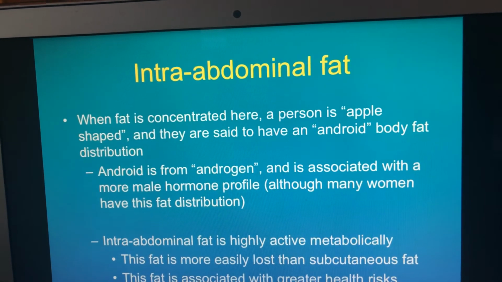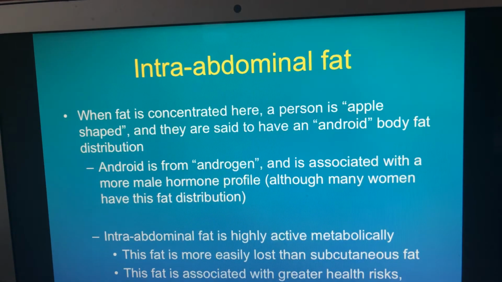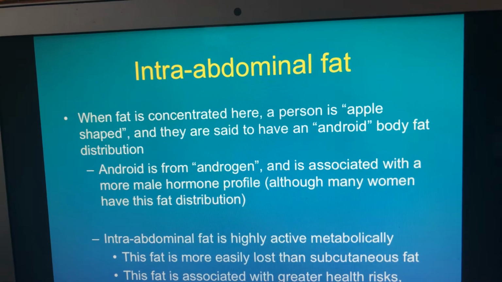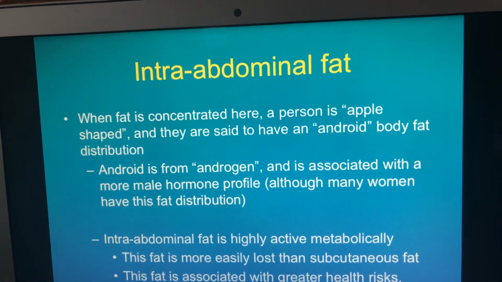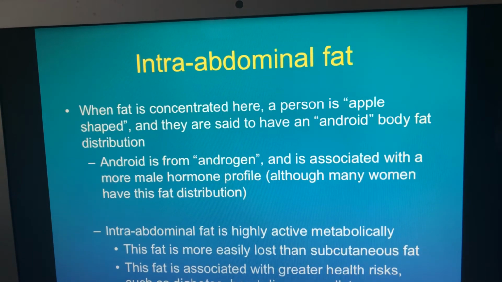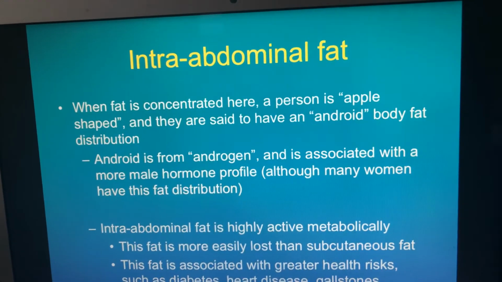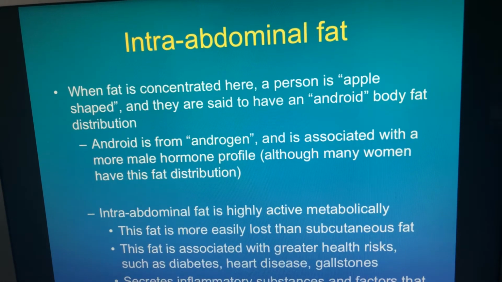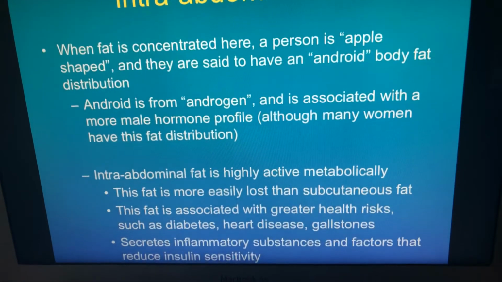Some people with the apple-shaped body have lean arms and legs, and most of their excess fat is concentrated in their intra-abdominal area. Some people with excessive intra-abdominal fat also have excess abdominal fat in the subcutaneous areas as well. So the apple-shaped is a little bit of a misnomer for some people.